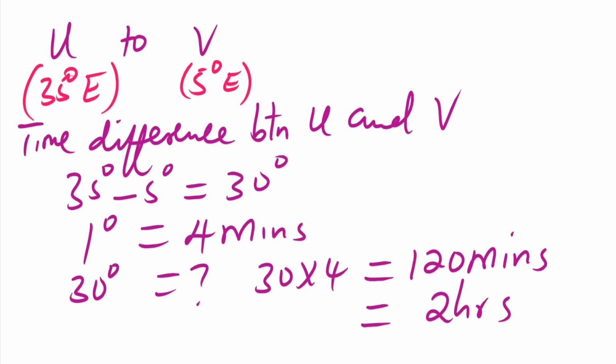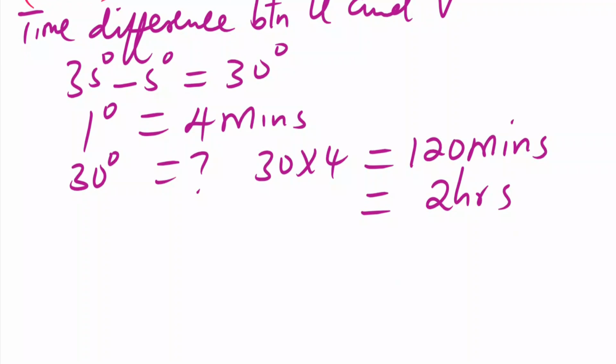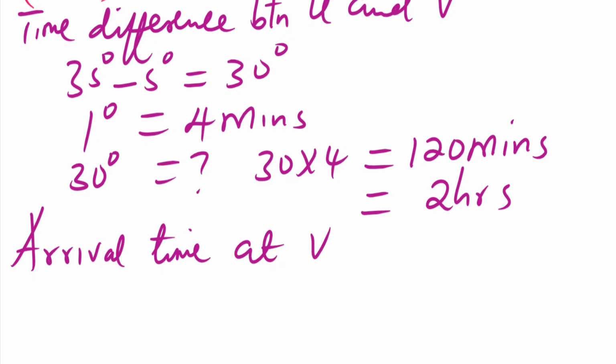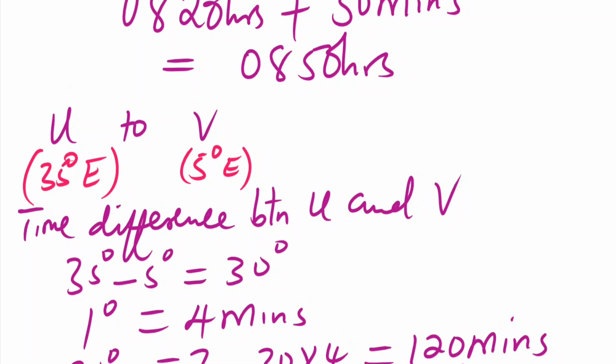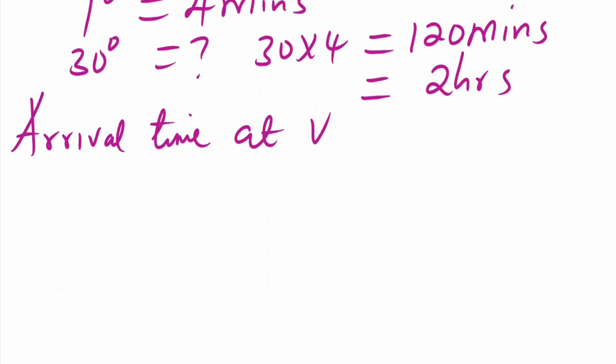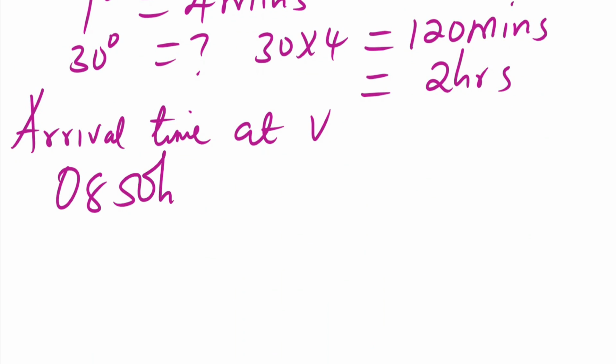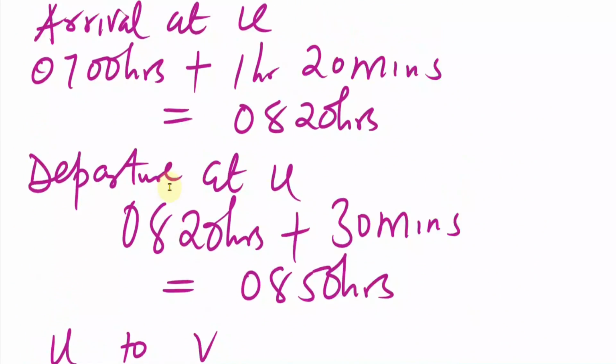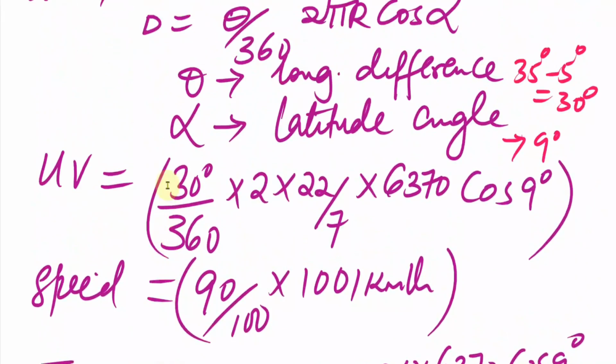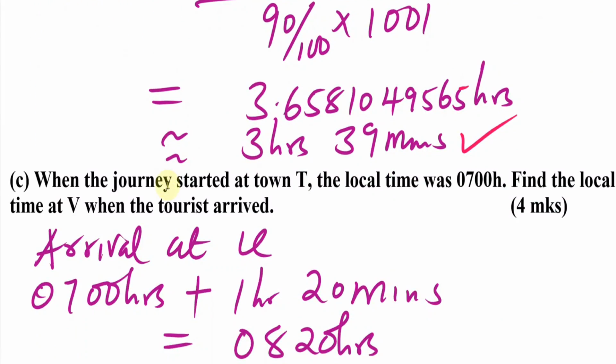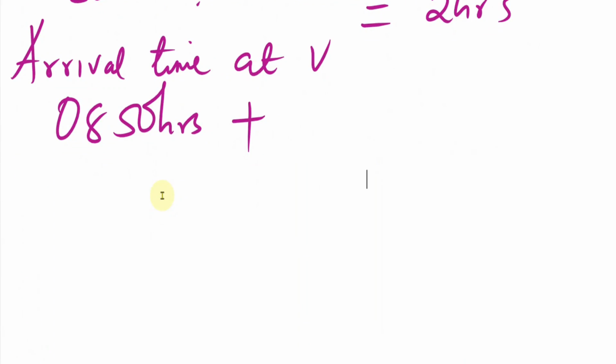So the arrival time at V will be calculated from the time it left U, which was 0850 hours. Then the time taken to travel from U to V, which we calculated in the previous part of the question, was 3 hours 39 minutes.